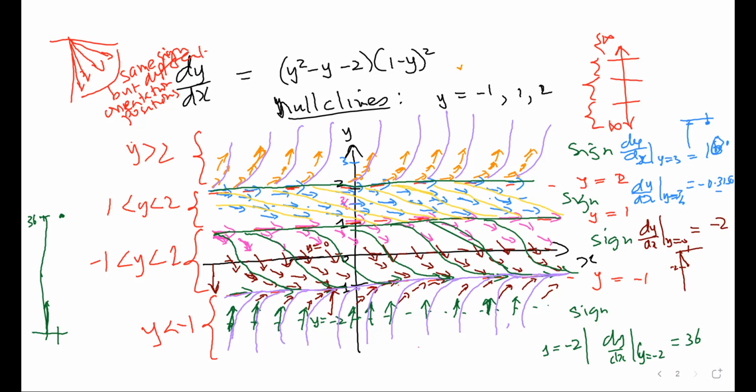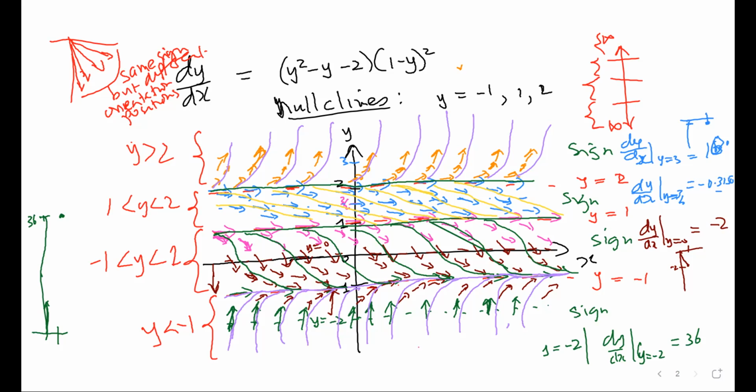And then the other ones, here you have these curves like that. These ones will be very gentle, but always reaching this nullcline. And these ones will go out, out, out.